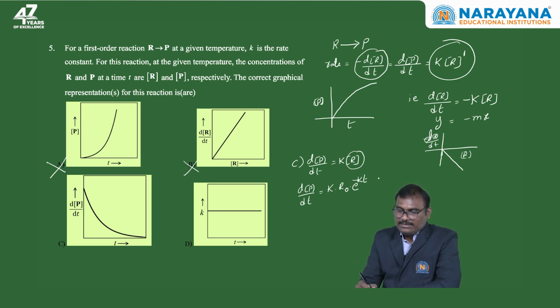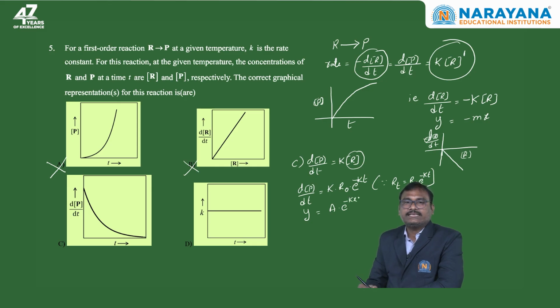Since first order kinetics, R_T is equal to R naught into e power minus KT. Therefore, it looks like y is equal to some constant into e power minus kx. Yes or no? That is again an exponential graph with decrease. Therefore, C is the correct option for the given graph of dP/dt versus time.